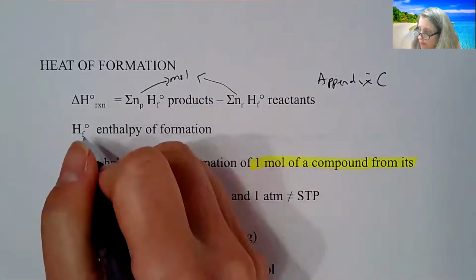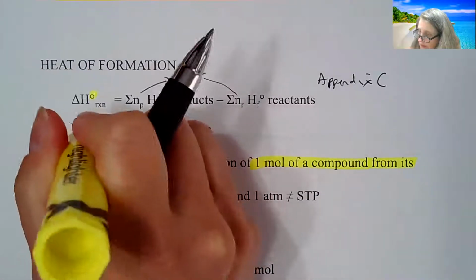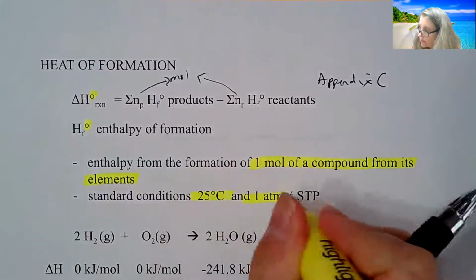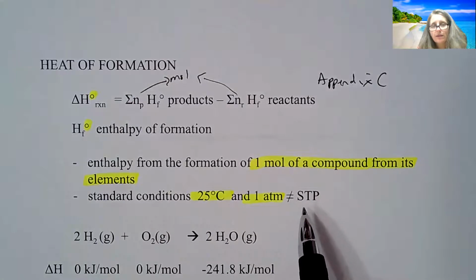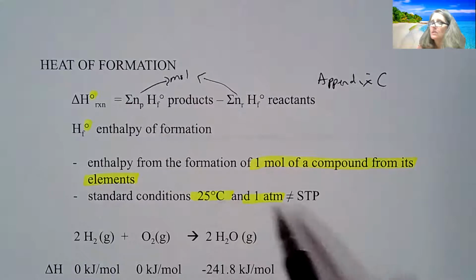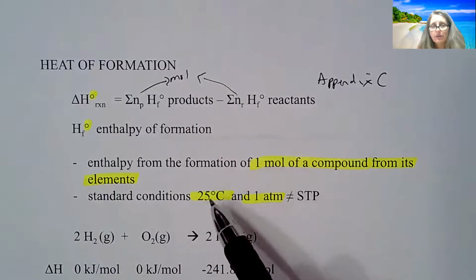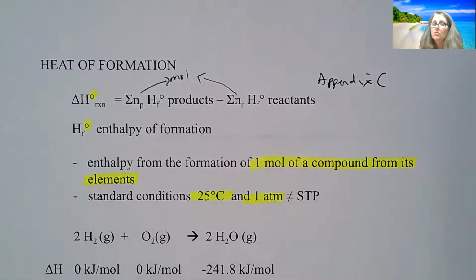So the little degree sign that you see on the top here is because we are at standard conditions of 1 atmosphere, 25 degrees Celsius. This is different than something called STP, which is standard temperature and pressure, which is actually 0 degrees Celsius. So standard conditions are always at 25 degrees Celsius, 1 atmosphere, because then the substance would change depending upon your state of matter.